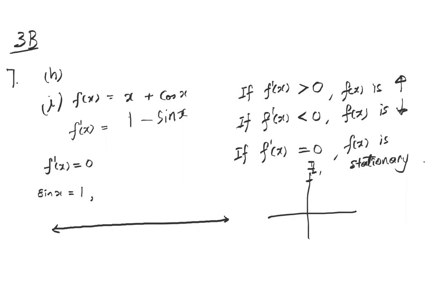Some more. And all sin, tangent, cos. So the first mark you have to mark down is pi by 2. Some more. You can go negative.